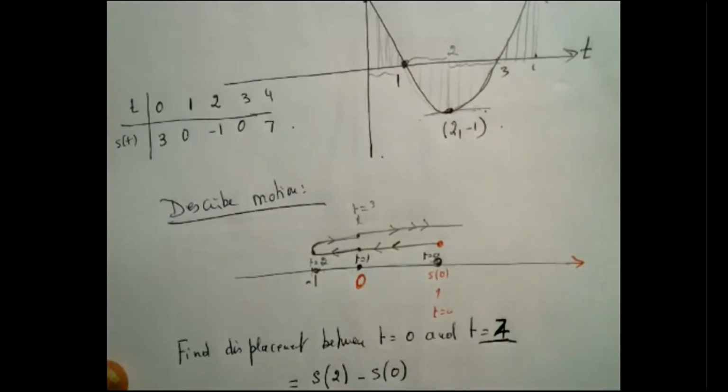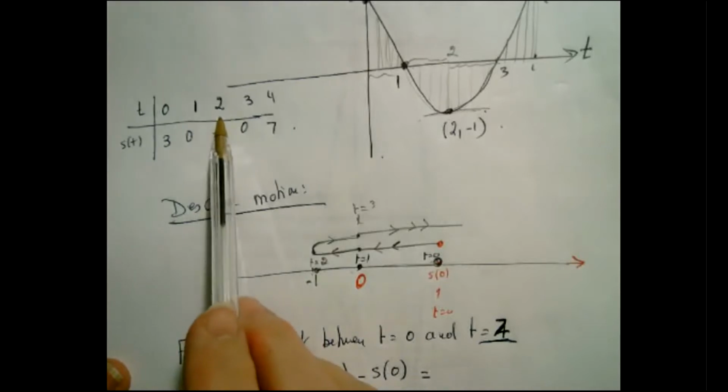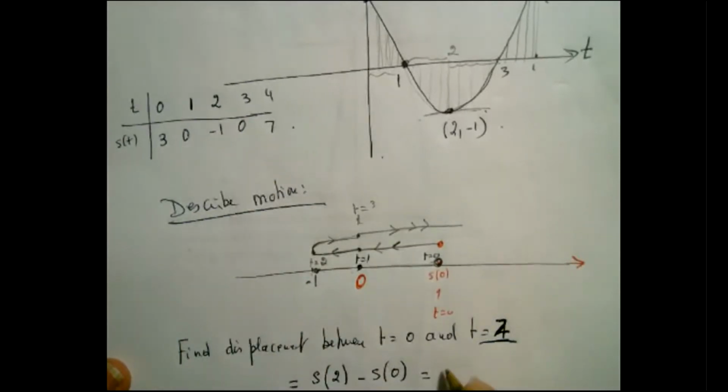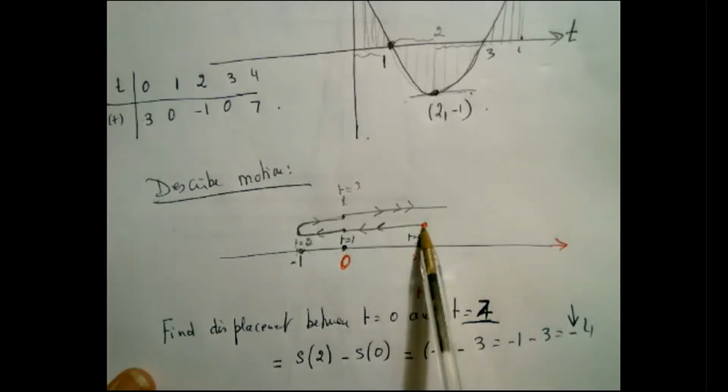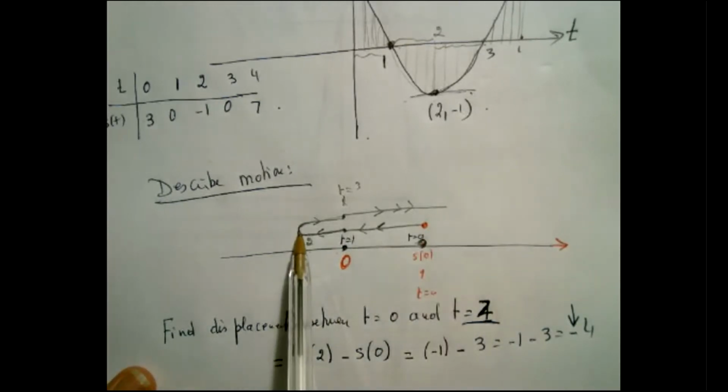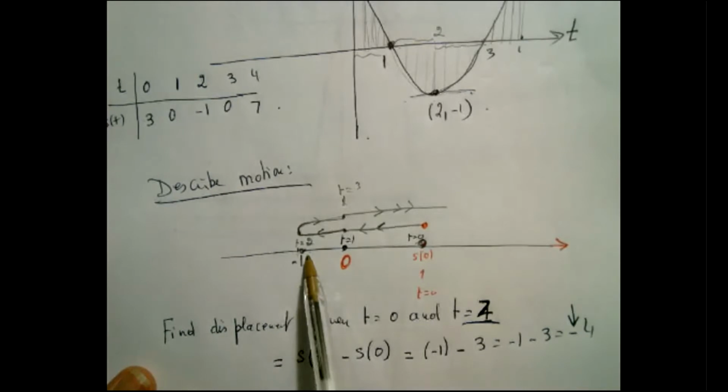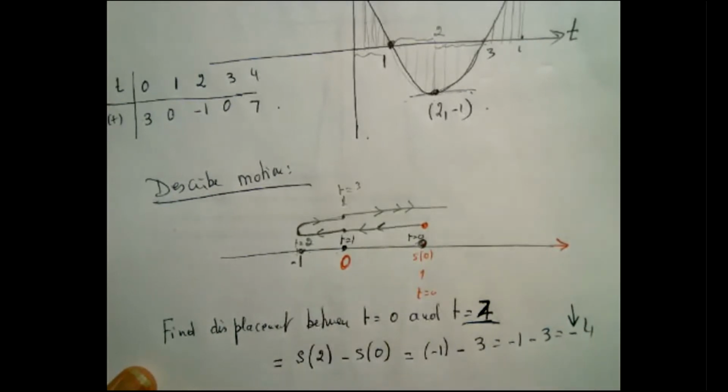That's the displacement. Now, what is S of 2 minus S of 0? Okay, S of 2 is -1, if we plug it in, minus S of 0 is 3. So that's -1 minus 3, which is -4. Watch the negative sign. It means between t equal to 0 and t equal to 2, the object was displaced by -4.